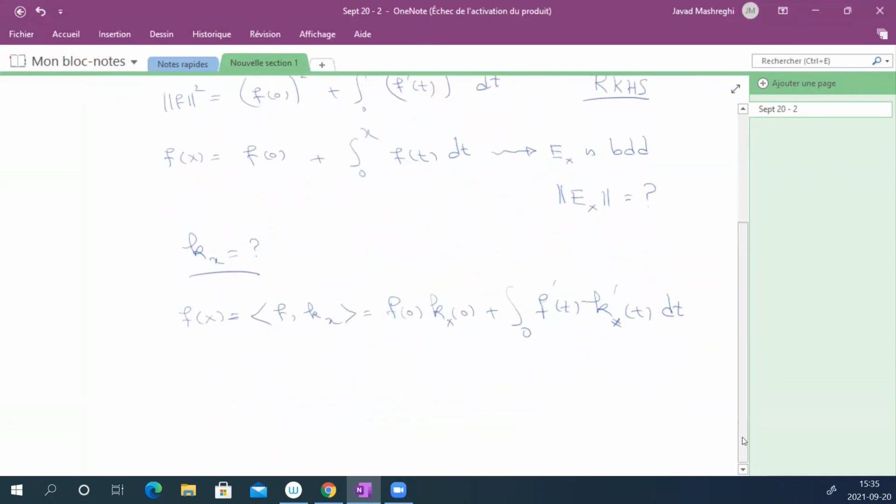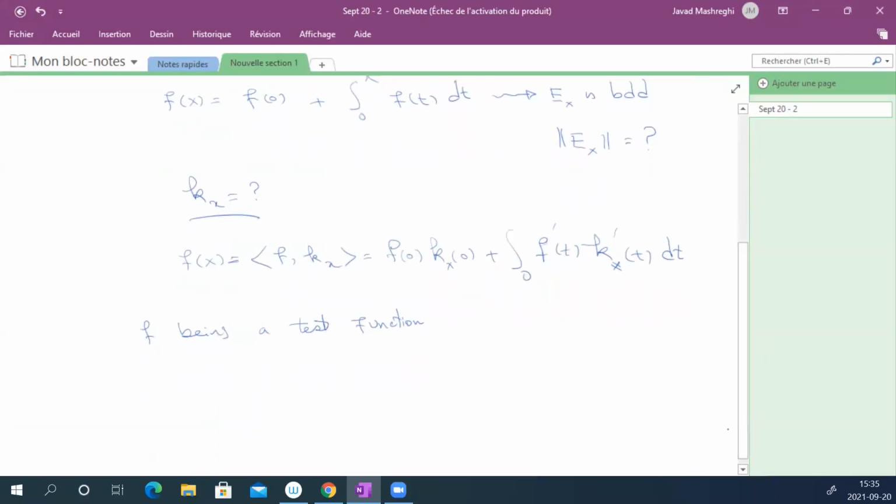And if we restrict ourselves not to all f, just f being a test function, of compact support, C infinity, and the support is in the open interval (0, 1), this, as in the previous 2 cases, immediately implies that f of x is minus the integral from 0 to 1 of f of t k_x double prime t dt.